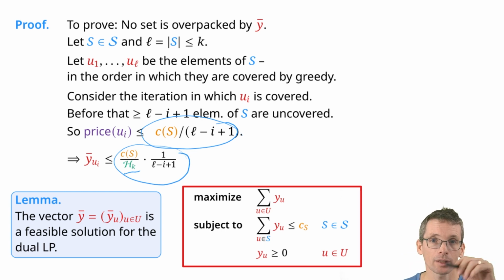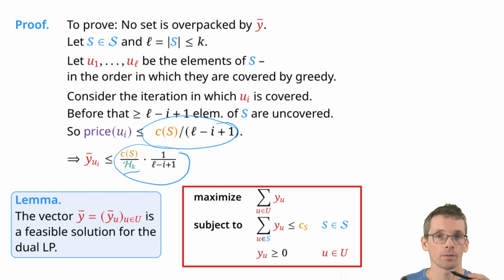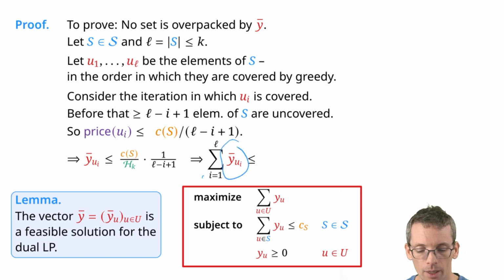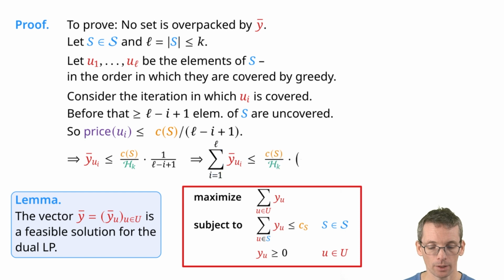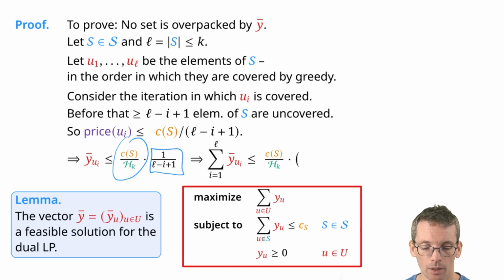If we now take the sum of the dual variables of the elements in the set S, so we have y bar U_i, sum over all of those elements, then this is smaller equal, we simply plug this in. So we have this factor here for each of the elements, and then we have this number, and if we're going from 1 to l, so if you plug in l here, then I get l minus l plus 1, then I have 1, so 1 divided by 1.